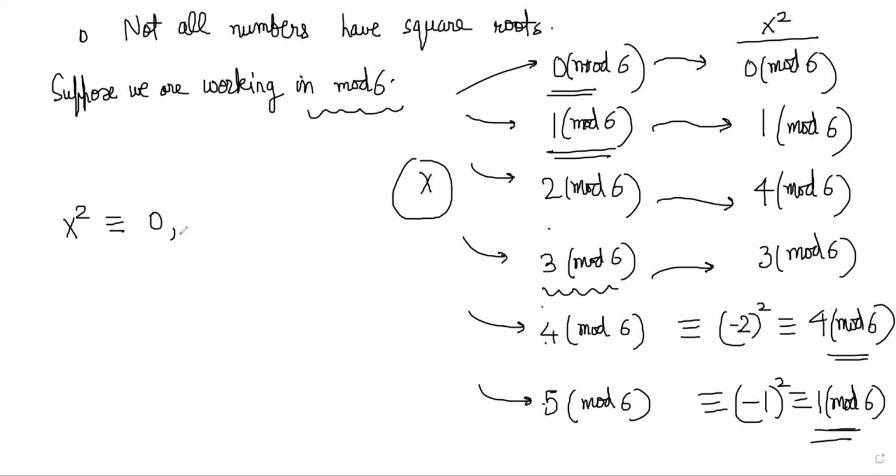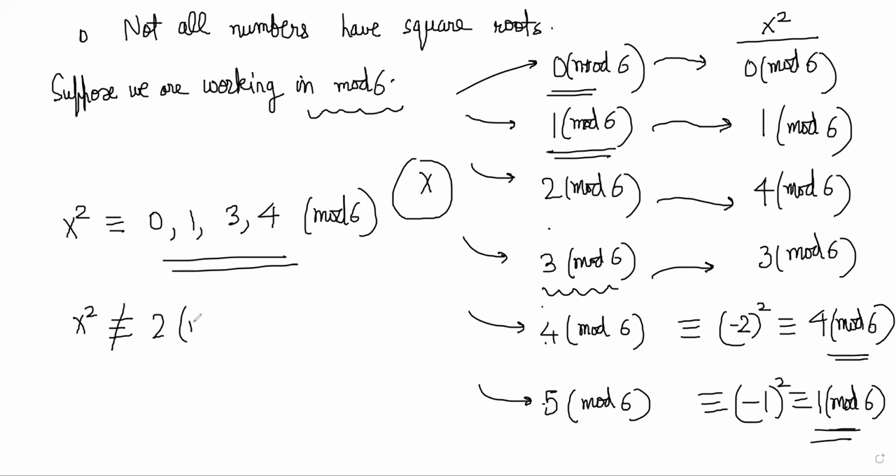It can be 0, 1, 3, or 4 mod 6. So this tells us that x square can never be equal to 2 mod 6, or 5 mod 6.